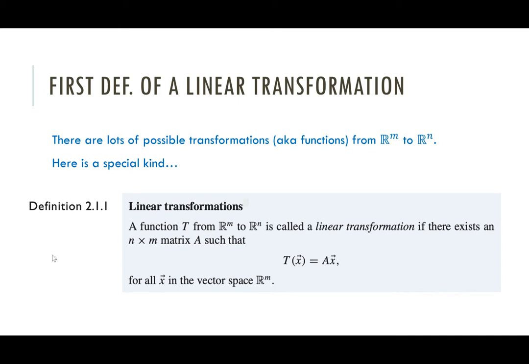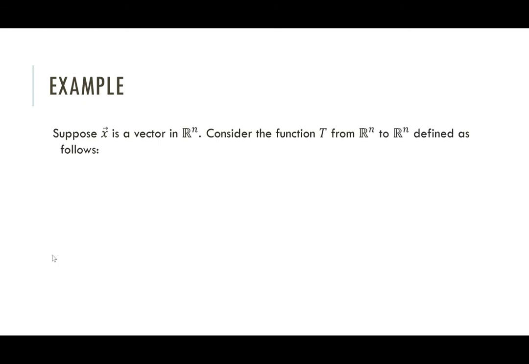So let's just use it for a second and have an example. Suppose you have some vector in Rn, and you have some function T from Rn to Rn, defined as follows. T of x equals x.